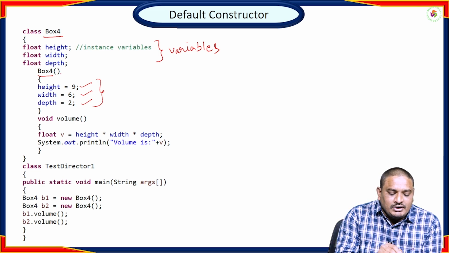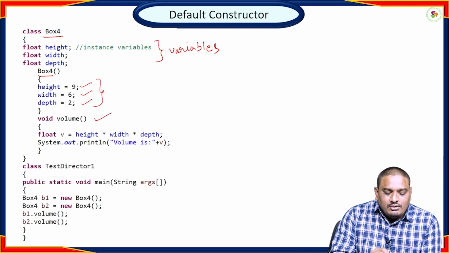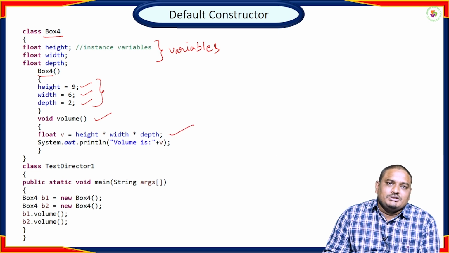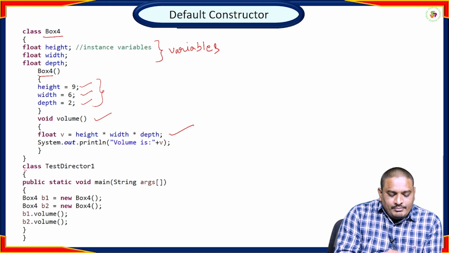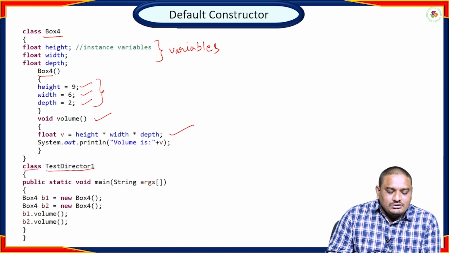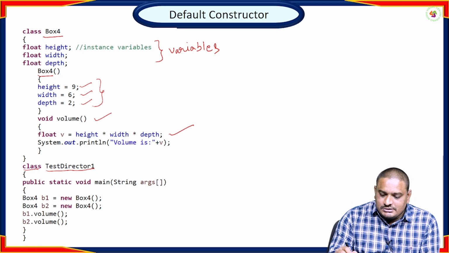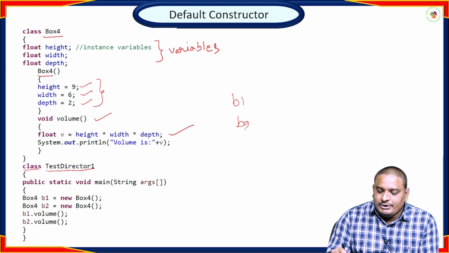Now, what is the method name? Void value. The value method finds the output for a particular object. Now the main class is TestDirector, the class name. In this method, we are creating two objects: the first object is B1, the second object is B2.